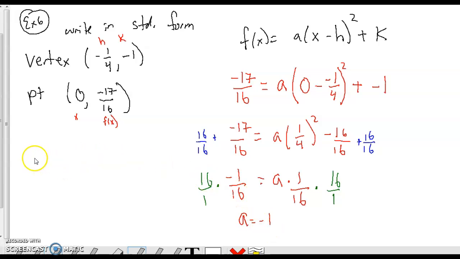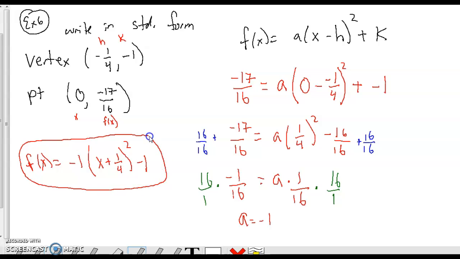Easy peasy. So my equation should be f(x) is equal to -1, and then (x + 1/4)^2 - 1. Notice that this was negative and a negative, so this will turn to a positive. Okay, so that's all we have to worry about.